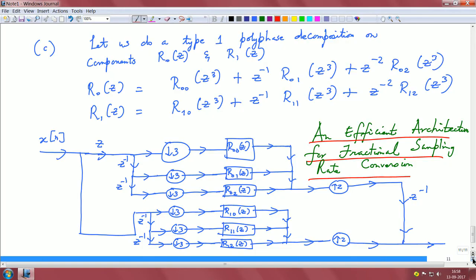Yeah, at this point you might just wonder about one little detail, which is you have this element which is basically z, which is an anticipation element. It is not a delay, right, it is an anticipation element, and one may wonder how can you realize this in practice, and it is not too difficult to think about it.